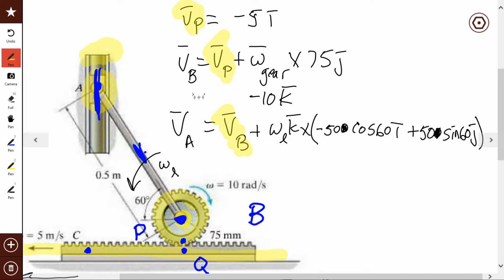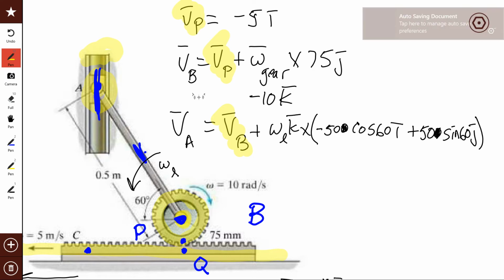How many unknowns are there? What are they? VA, i and j, and omega? 3. Uh-oh. I've only got an i equal i and a j equal j. There's got to be something else known. How do you know that? It's going straight up and down. So the velocity of A is what?